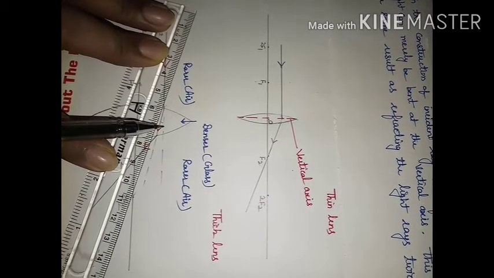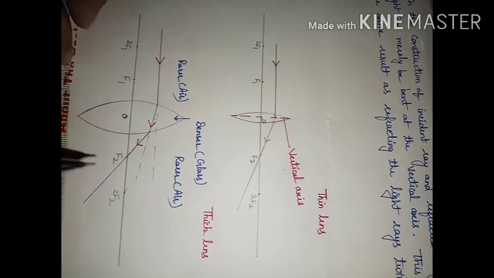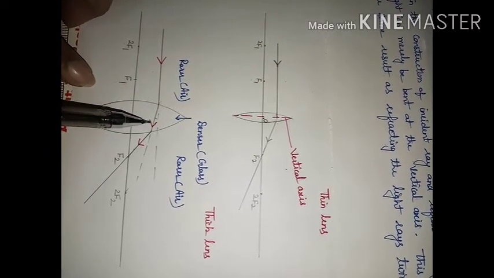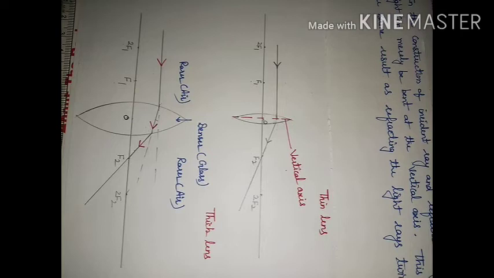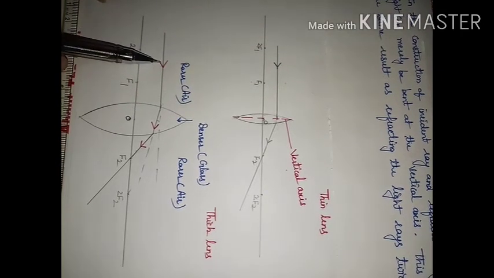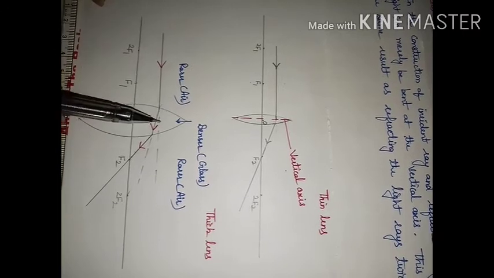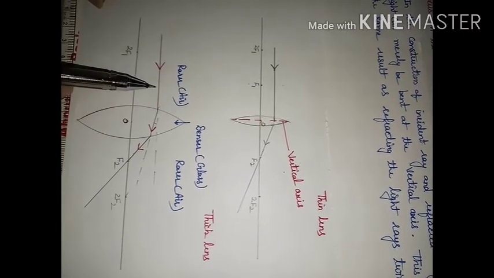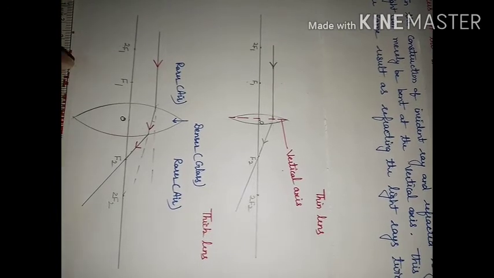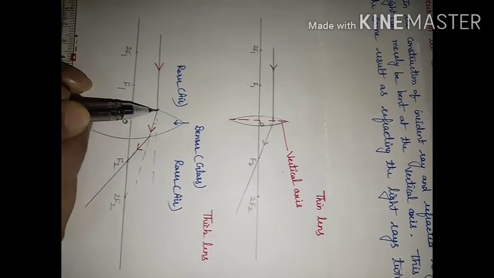So it will not follow this path, it will follow this path where this arrow is there. Actually, arrow is indicating what is the direction of ray of light. If arrow is in this direction, means ray of light is coming from this side to this side. If I will change the direction of arrow, then direction of ray will also reverse. So first refraction is taking place at this point.